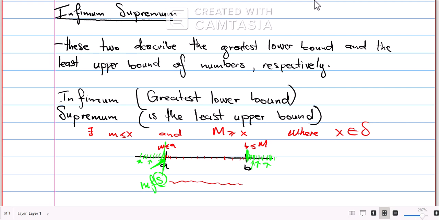So this is the least upper bound. Now we are going to name this least upper bound as the supremum of S. This is how we determine the infimum and the supremum.